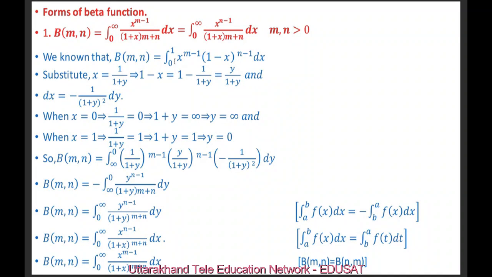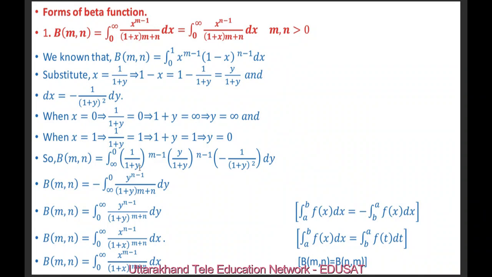Now in place of x we have (1 upon 1 plus y) raised to power m minus 1. For 1 minus x raised to power n minus 1, it is (y upon 1 plus y) raised to power n minus 1. Then dx equal to minus 1 upon (1 plus y) whole square dy, because we have calculated dx. So in the numerator we have 1 raised to power m minus 1, which is 1, and here we have y raised to power n minus 1.